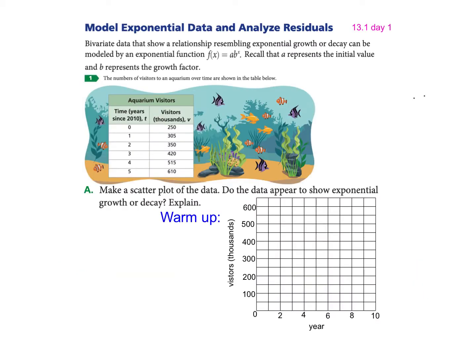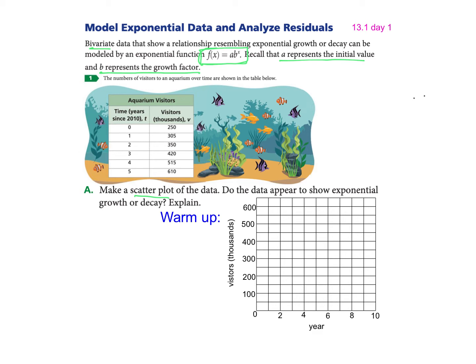All right, so here's our first problem. First of all, it says bivariate data that show a relationship resembling exponential growth or decay can be modeled by this function. We know that already. A represents the initial value and B represents the growth factor. So I have a table here, and if I wanted to make a scatter plot of the data, I want to know, does it appear to be exponential growth or decay, or is it linear?